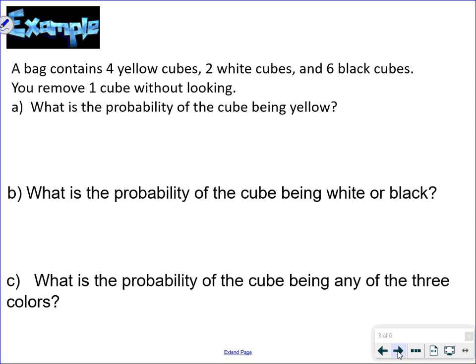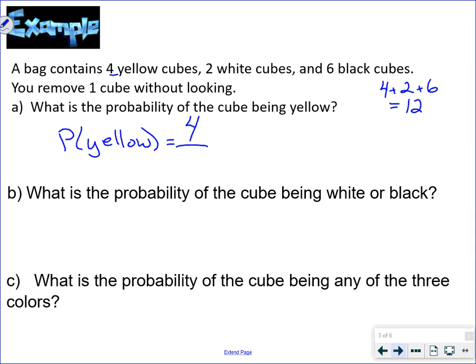In this next example, a bag contains 4 yellow cubes, 2 white cubes, and 6 black cubes. You remove 1 cube without looking. What is the probability of the cube being yellow? There are 4 yellow cubes, out of 4 plus 2 plus 6, which gives us 12 cubes in total.